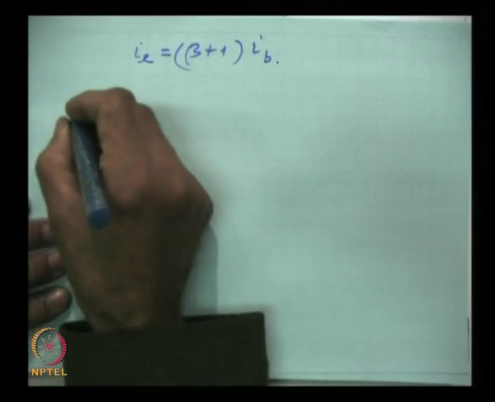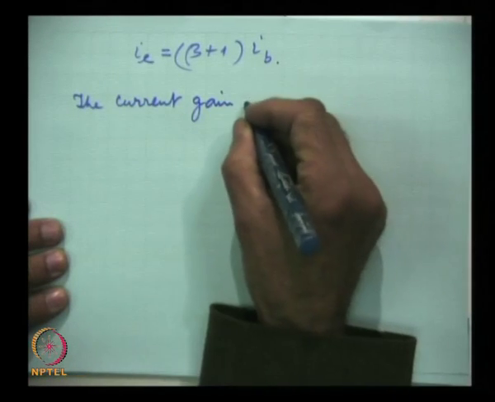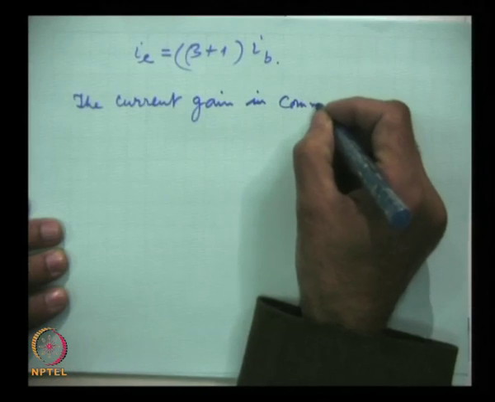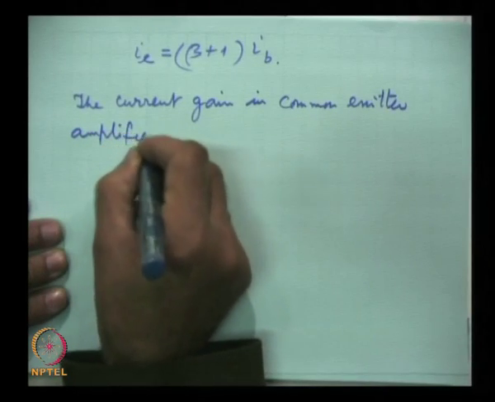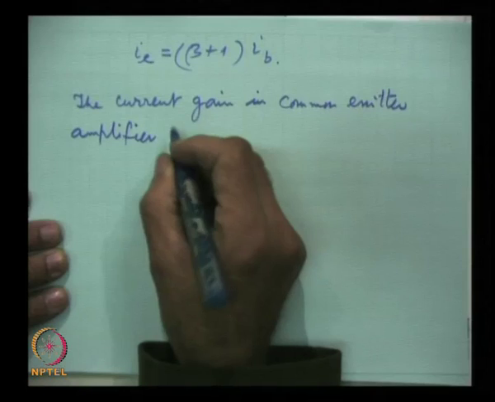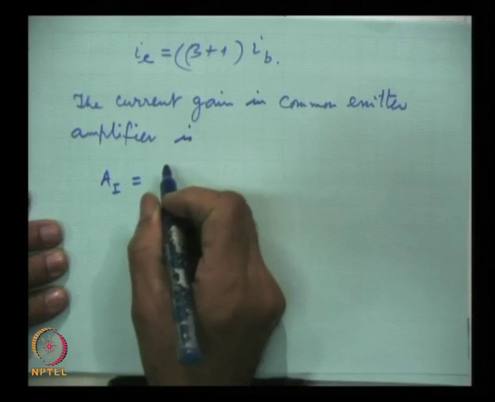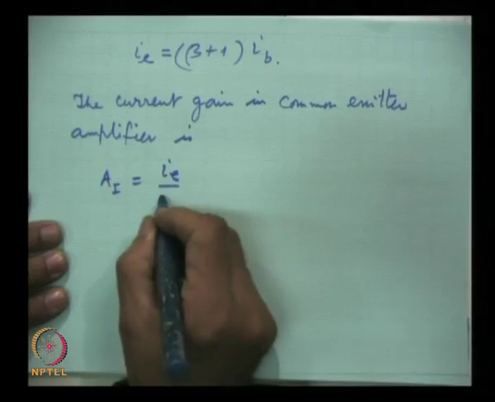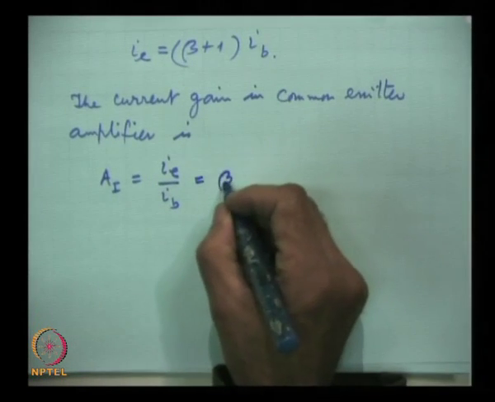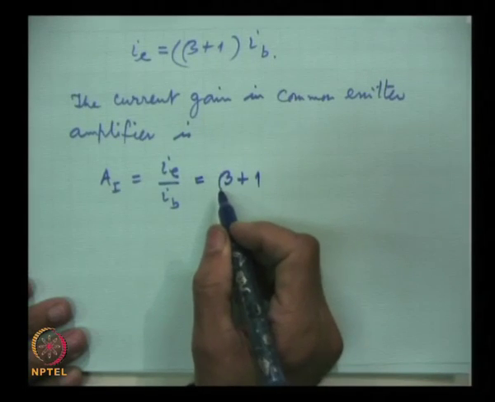So, the current gain in common collector amplifier, A I, is output current by input current, and output current is I e, input current is I b, and from this equation this comes out to be beta plus 1, which is because beta is high.